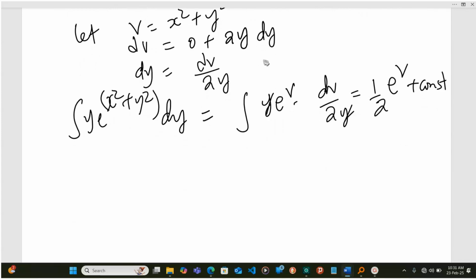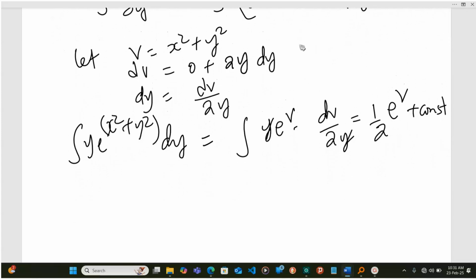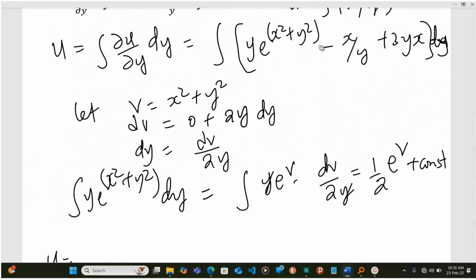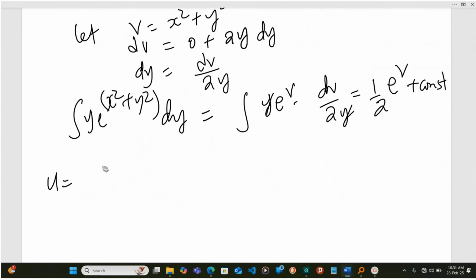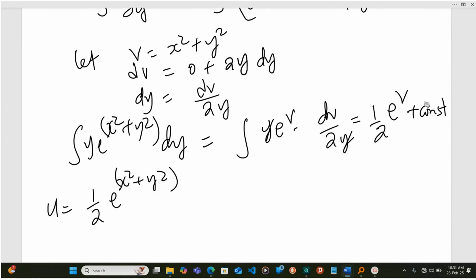So the moment we have minimized that complexity, it tells us that u, which is the integral of this, will equal one half e^(x² + y²), because after integrating this with respect to y, that's what we get.